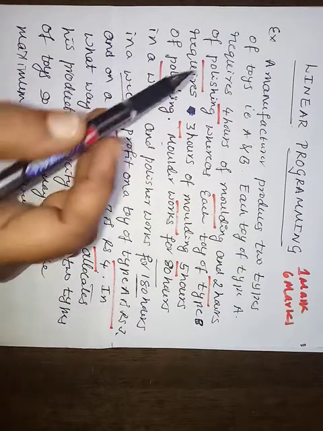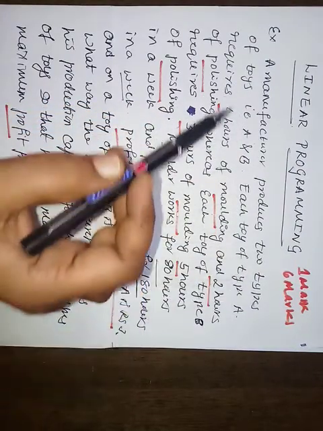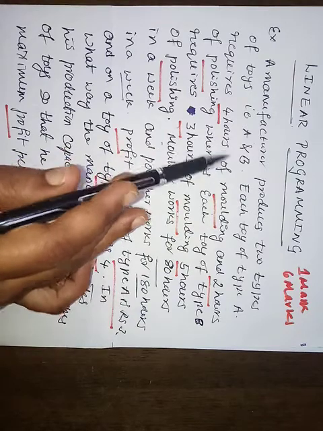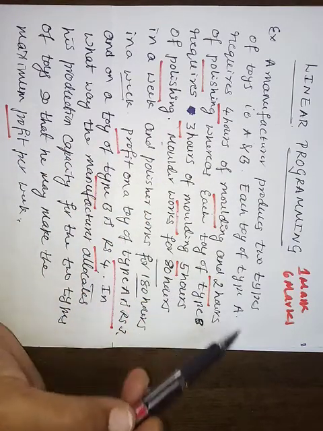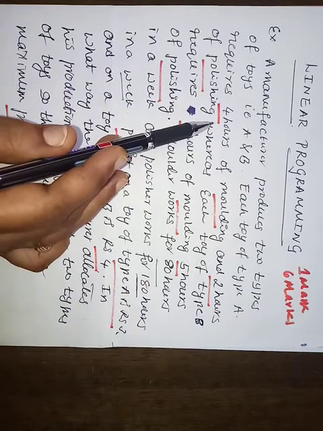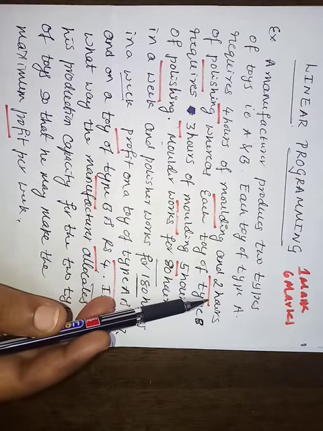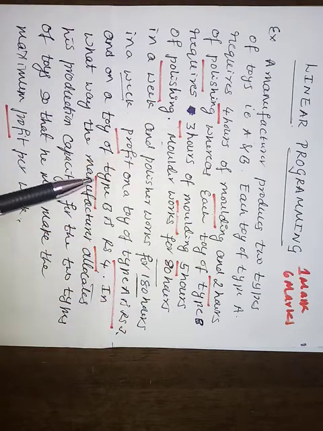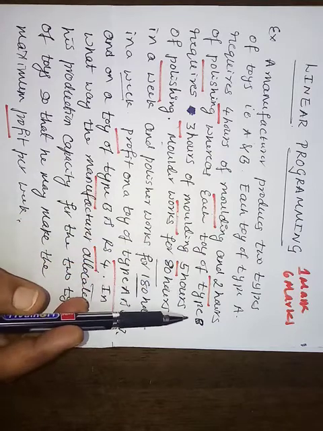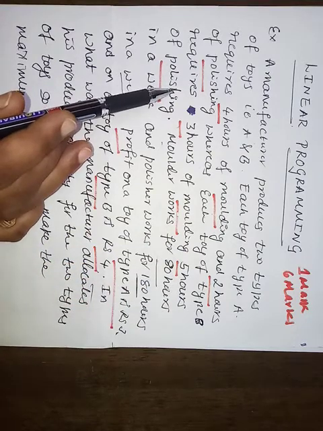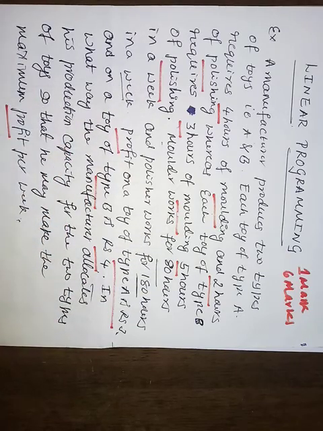See, the example is: a manufacturer produces two types of toys, A and B. Each toy of type A requires 4 hours of molding and 2 hours of polishing, whereas each toy of type B requires 3 hours of molding and 5 hours of polishing.